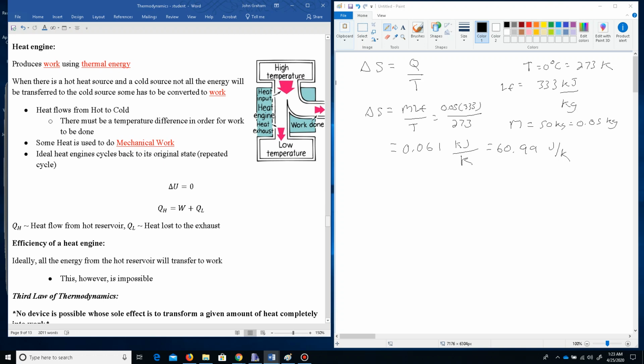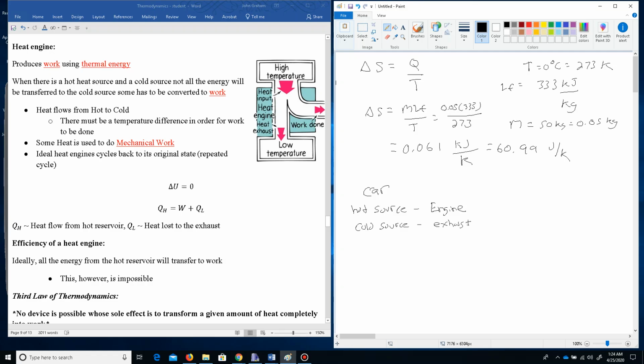So, for example, heat engines, they produce work using thermal energy. So there is usually a hot source. We can think of this as a car. The hot source is the engine. There's a cold source, which is your exhaust.